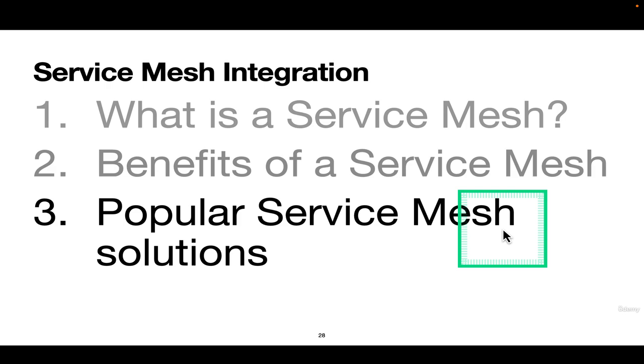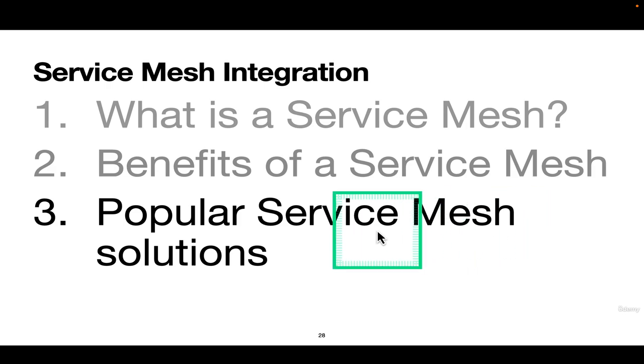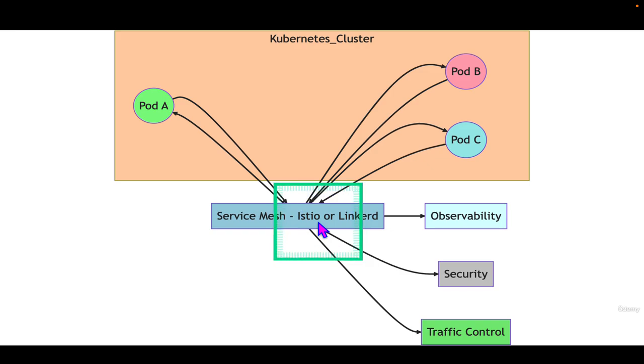Popular service mesh solutions such as Istio and Linkerd are designed to integrate seamlessly with Kubernetes and can provide additional capabilities to your services. So you have this Kubernetes cluster, and Istio or Linkerd will help in what we call service orchestration, or defining rules around services, and they can better provide observability, security, and traffic control.